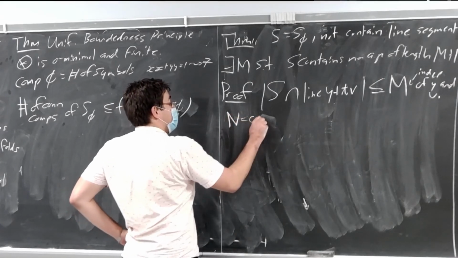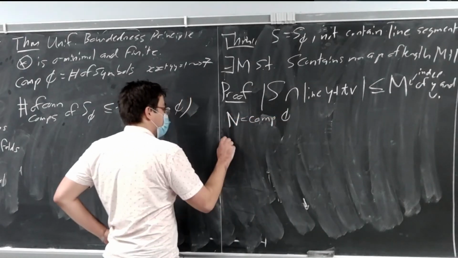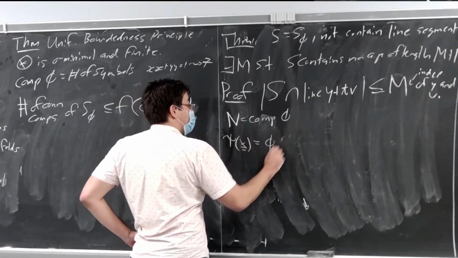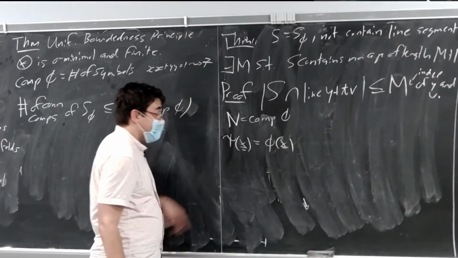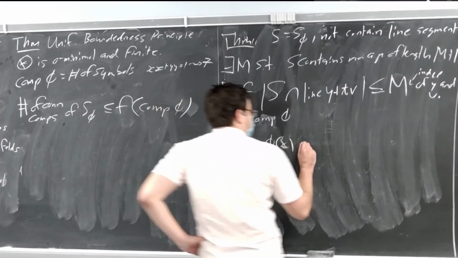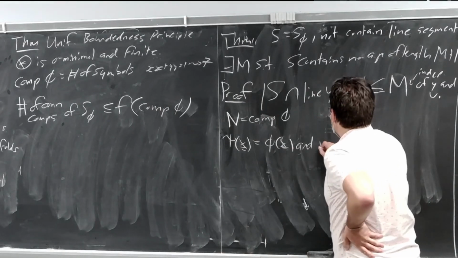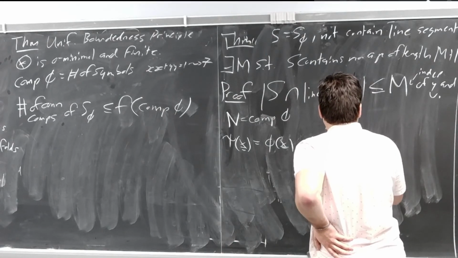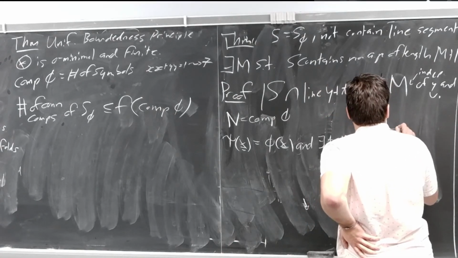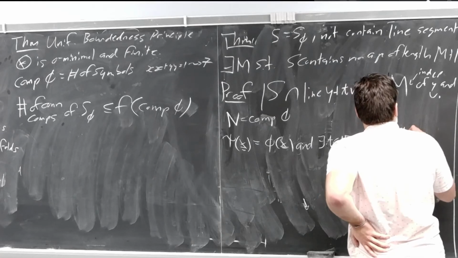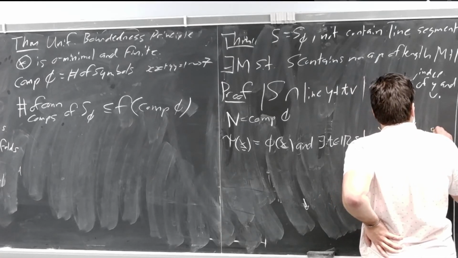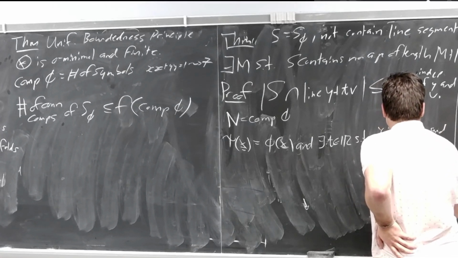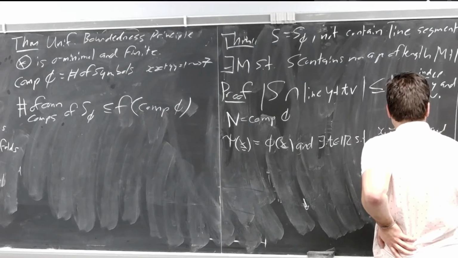Let n be the number of symbols in phi. We're going to create a new formula, psi. And psi's formula is going to be phi's formula. I'm going to modify this formula by writing the word "and" and then writing down there exists a t in R such that x1 equals y1 plus tv1, and so on, and xd equals yd plus tvd.